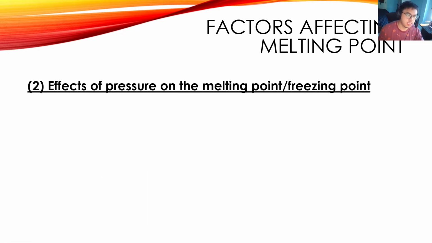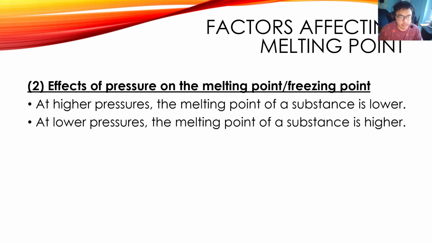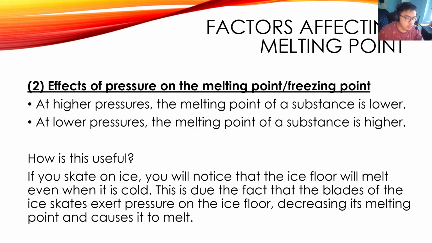The second is the effect of pressure on the melting point or the freezing point. At higher pressures, the melting point of a substance is lower. At lower pressures, the melting point of a substance is higher. How is this useful? If you skate on ice, you will notice that the ice floor will melt even when it is cold.